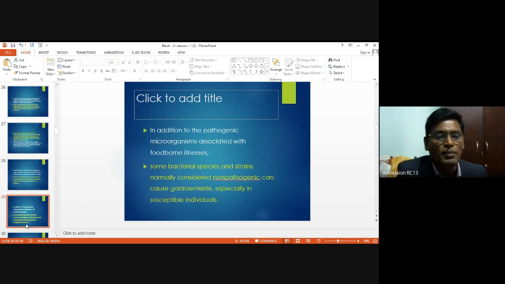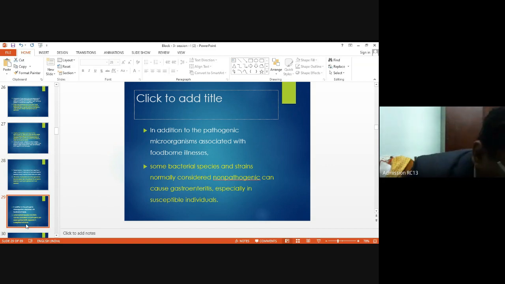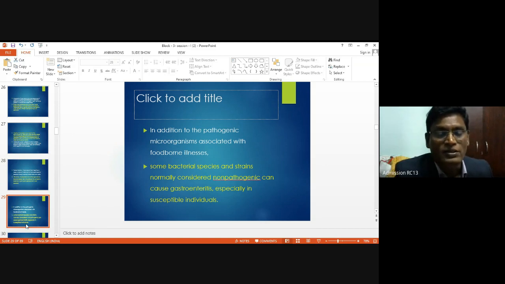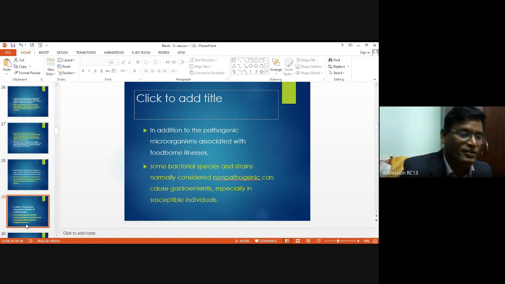In addition to the pathogenic microorganisms associated with foodborne illness, some bacterial species and strains normally considered non-pathogenic can also cause gastroenteritis, especially in susceptible individuals. Some individuals are very susceptible naturally, or because of malnutrition, or their immunity has less power, where symptoms such as weakness appear after exposure to this kind of poisoning.